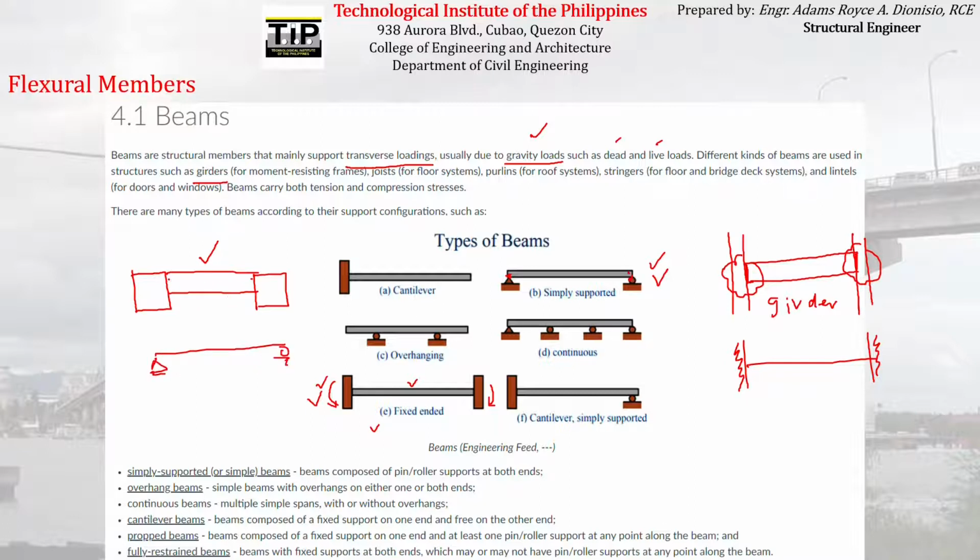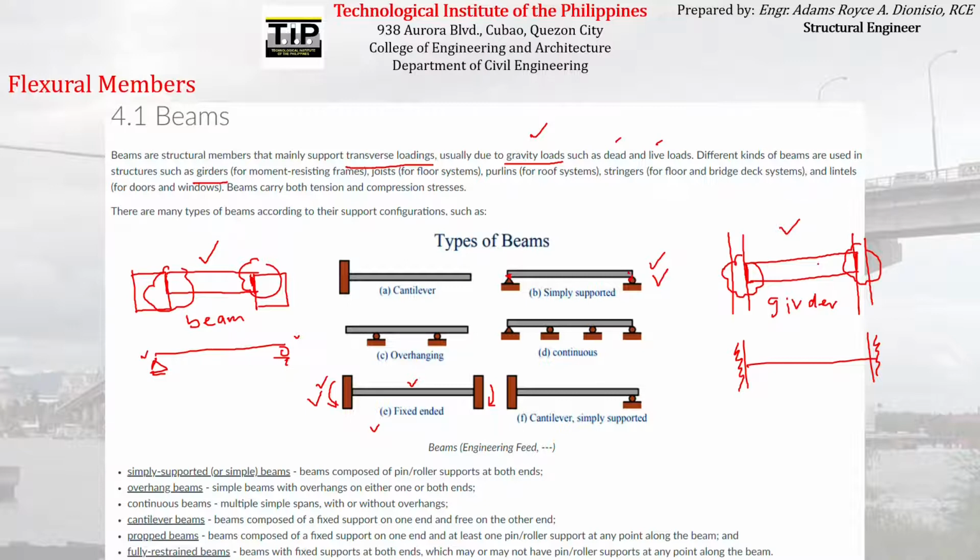So, usually, yung connection niyan between this beam tsaka dun sa supporting beam, usually, ang assumption natin dyan, parang hinge or roller support lang. So, hindi siya nagre-resist ng mga moments. So, this is not a moment resisting frame, but this is a moment resisting frame. Okay, so that is the difference between a normal beam and a girder.